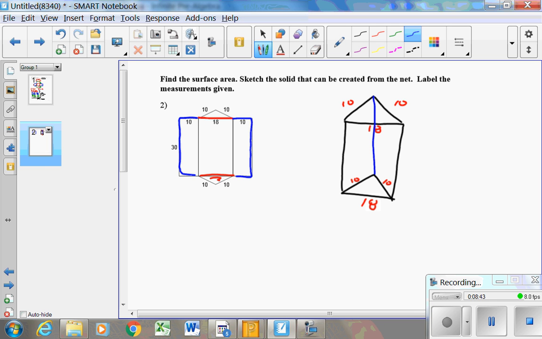So you have a triangle top and bottom. So you have a triangle base, and you end up having 3 rectangles. You've got a left rectangle, it's on the back side of our shape. So we've got a back side rectangular shape, and then we have a right side rectangle in our shape as well. And then the very bottom, the very flat part that we started with, how's my color going here?